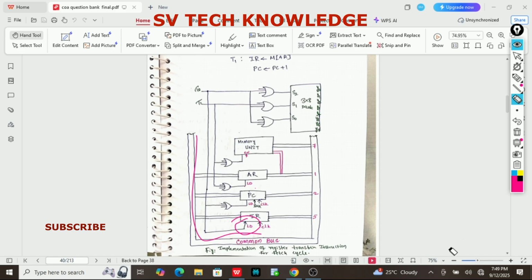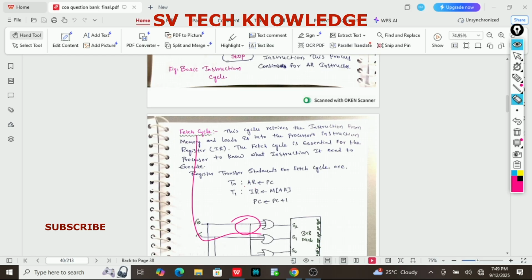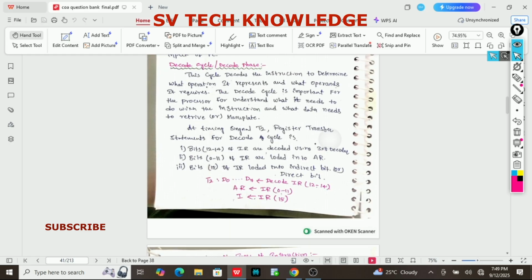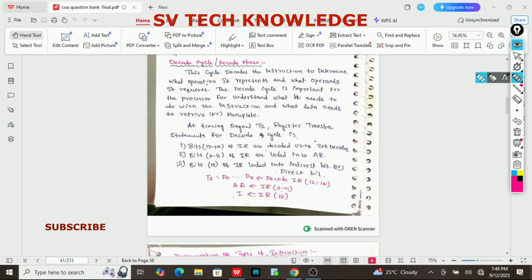Now we will see the second phase of our instruction cycle, which is the decode cycle. Whatever information is in IR, the instruction register, can store 16 bits.